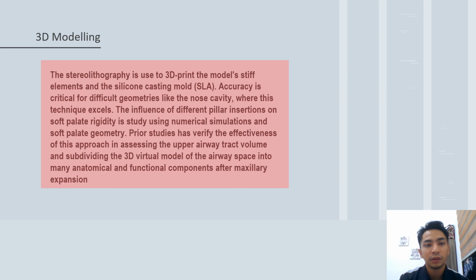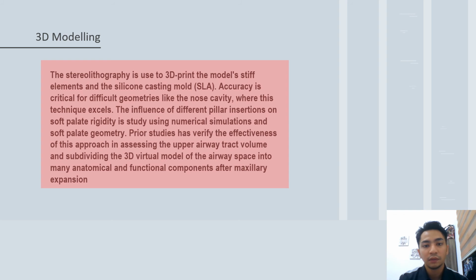3D modeling. Stereolithography is used to 3D print the model stiff element and silicone casting mold. Accuracy is critical for difficult geometry like the nasal cavity, where this technique excels. The influence of different pillar procedures on soft palate rigidity is studied using numerical simulation and soft palate geometry.